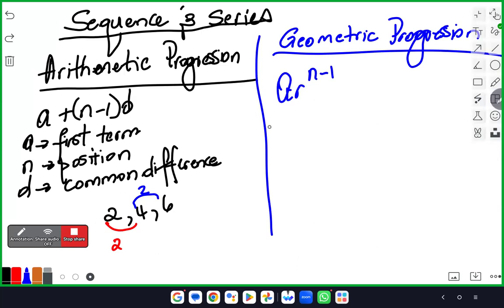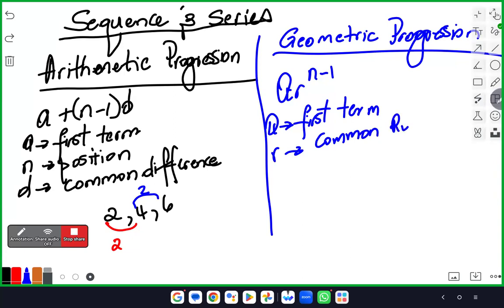In this case, A again speaks to the first term. R speaks to the common ratio. And N again speaks to the position of the term in focus.